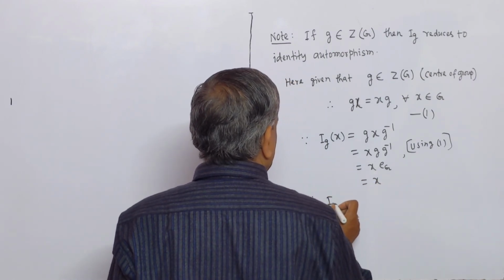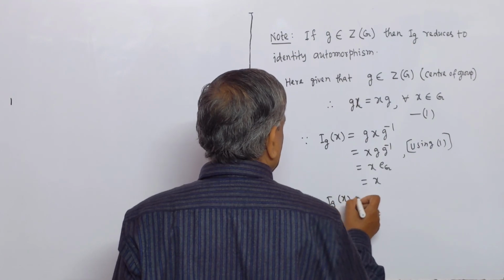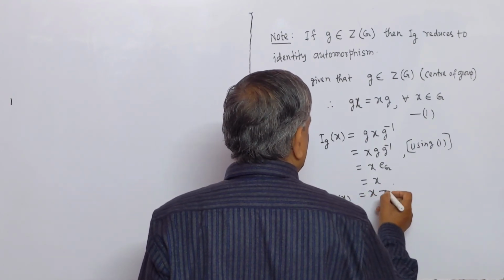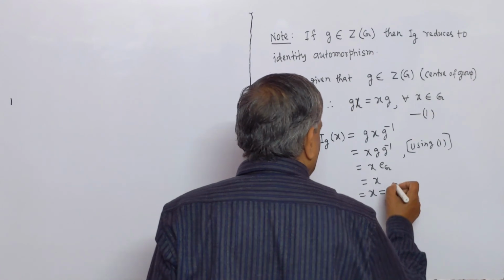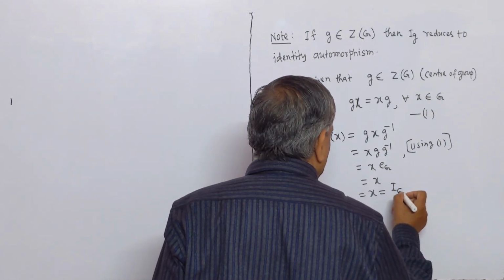Therefore, I_g of x equal to x. This is equal to the identity automorphism of group G.